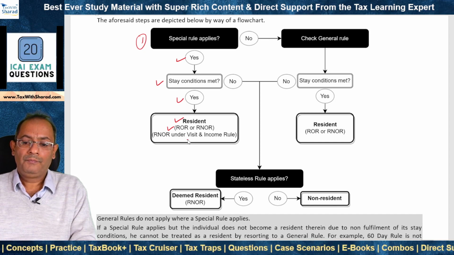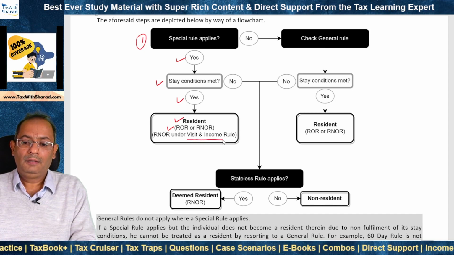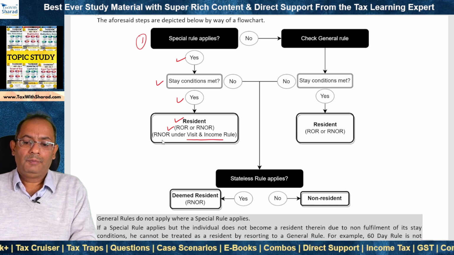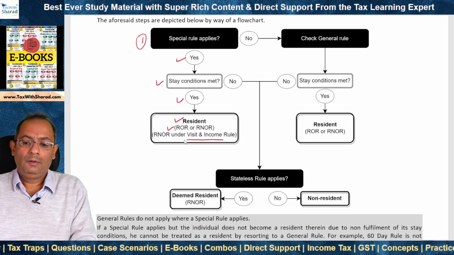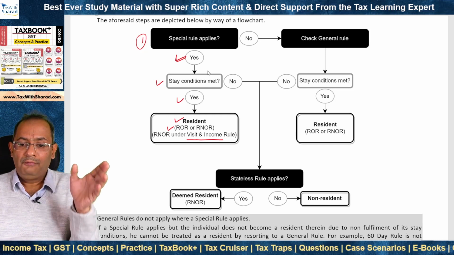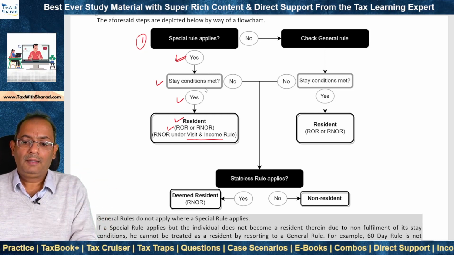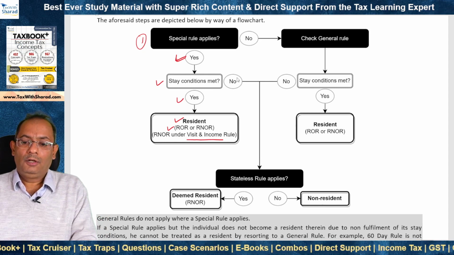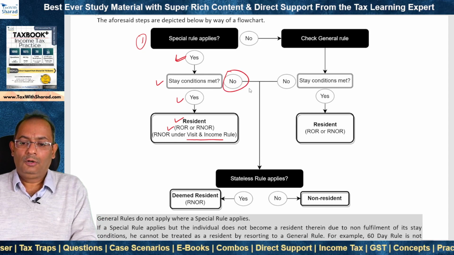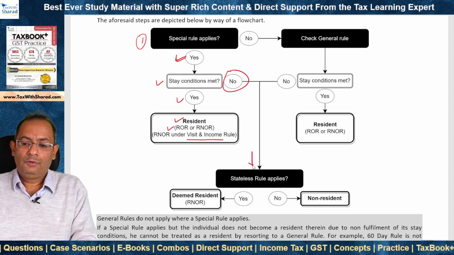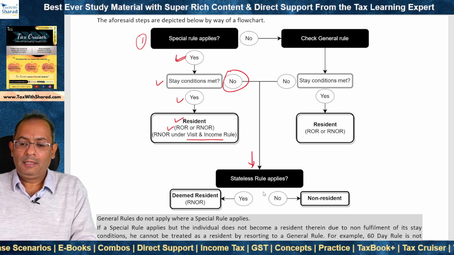However, we have noted that if the person becomes a resident under the visit and income rule, the person can only be a RNOR, not a ROR. If the person is satisfying the criteria of falling within a special rule, but the stay conditions are not met, then we need to move to the stateless rule and check its applicability.